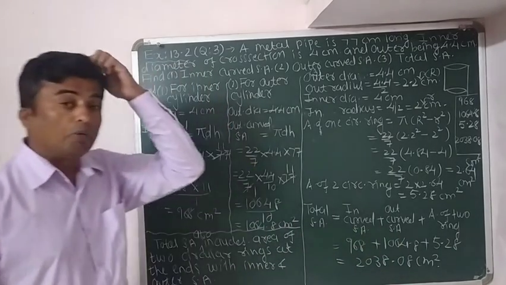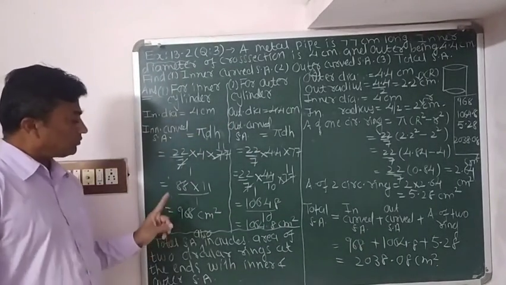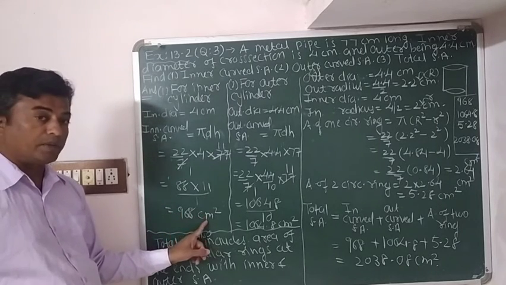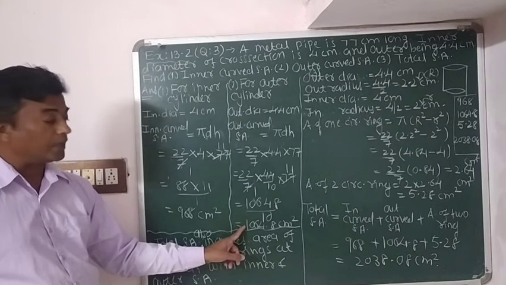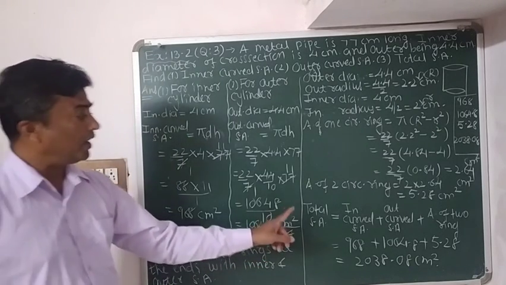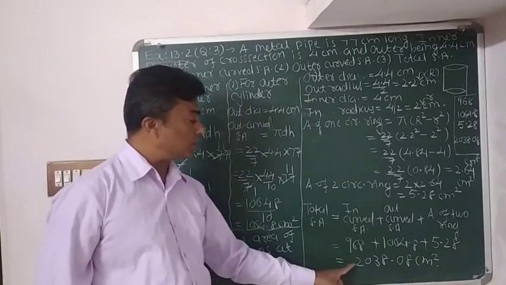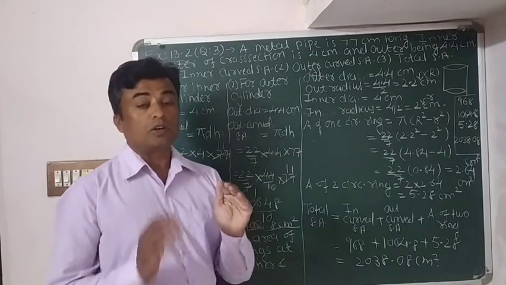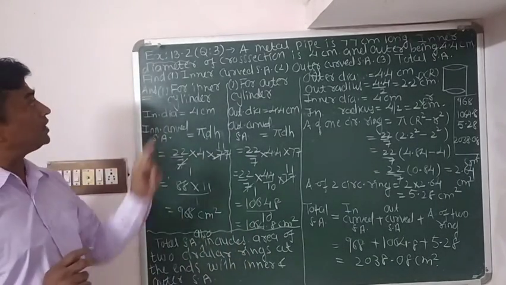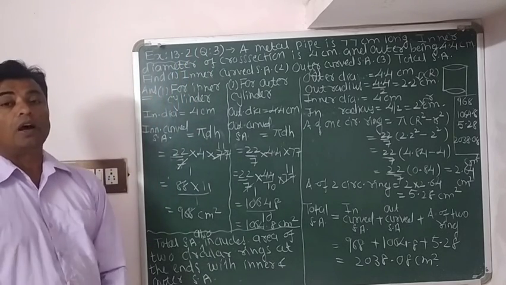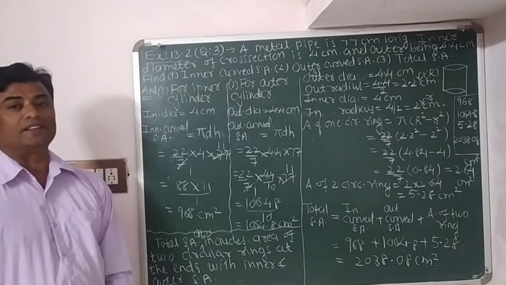So see children, our final answer is inner surface area is 968 centimeter square, outer surface area is 1064.8 centimeter square, and total surface area is equal to 2038.08 centimeter square. So see children, this is the normal explanation of exercise 13.2 question number 3. I hope you can understand this. Thank you.